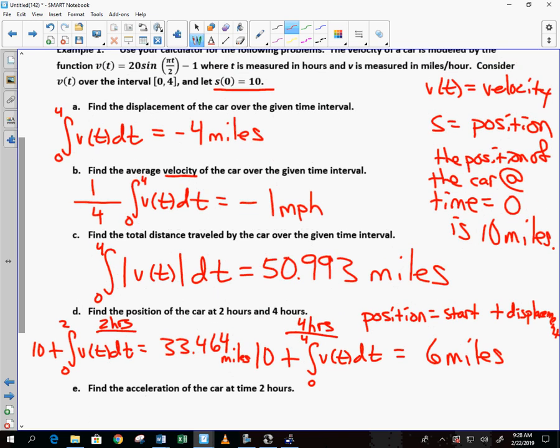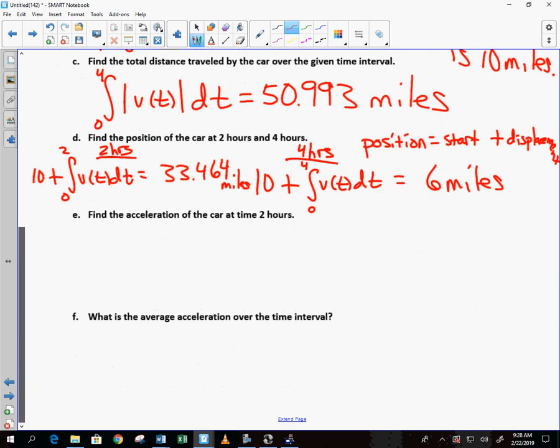What do you think so far? Not too bad? Okay, let's make it slightly more challenging. Find the acceleration of the car at 2 hours. Is this asking for the average acceleration or the instantaneous acceleration? Instantaneous is where we take the derivative, right?